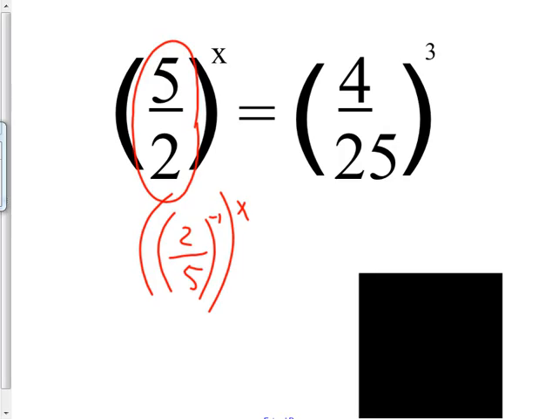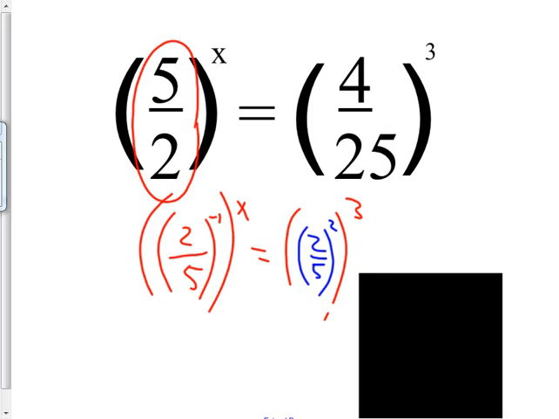Now can I rewrite that 4 over 25 as somehow 2/5 to the something? Yes, I can. I take out the 4/25s and I put 2/5 to the what? Second.